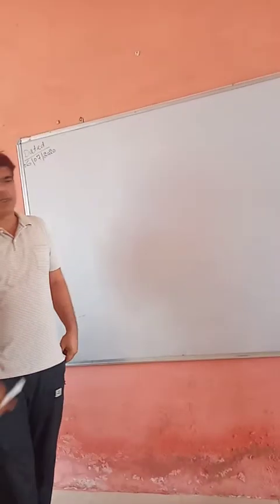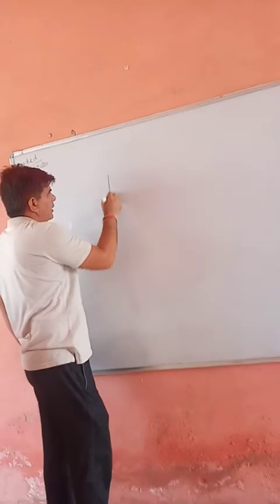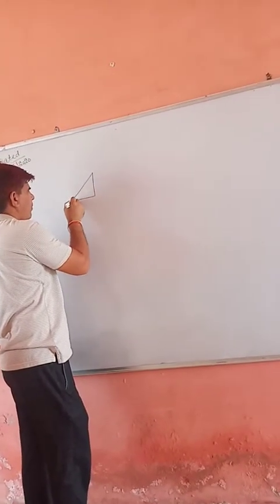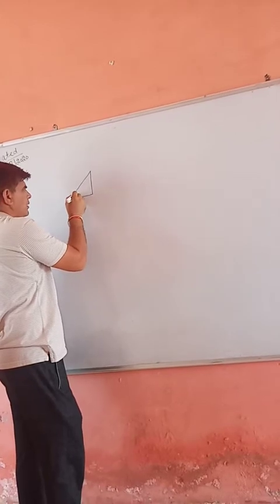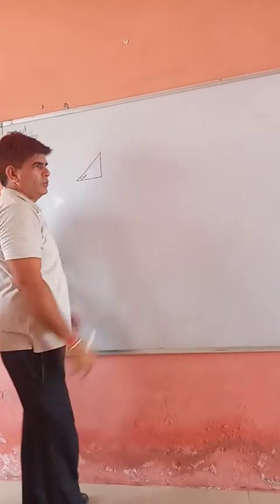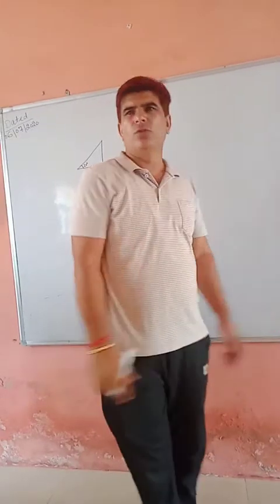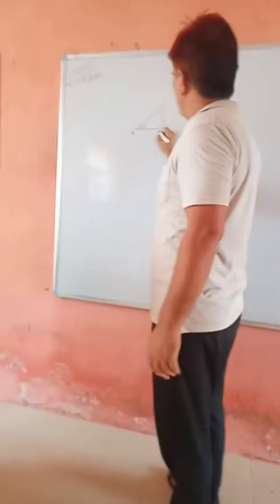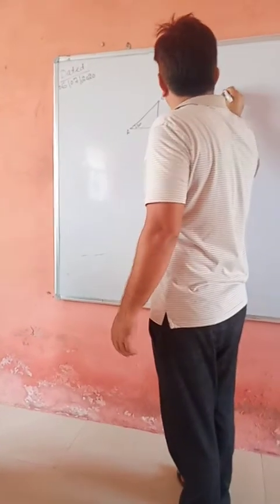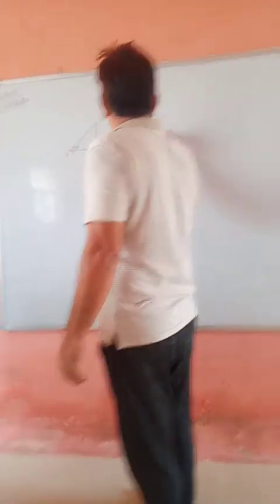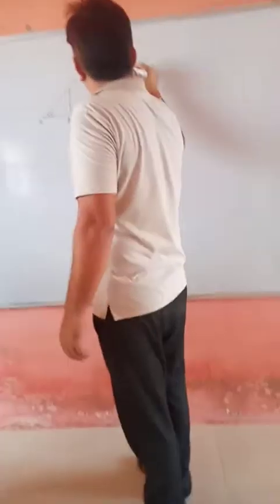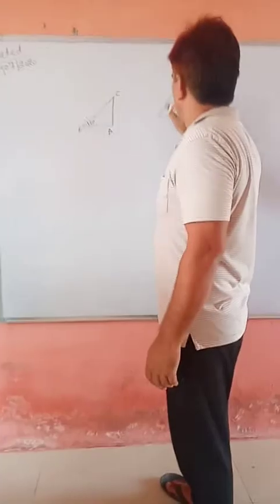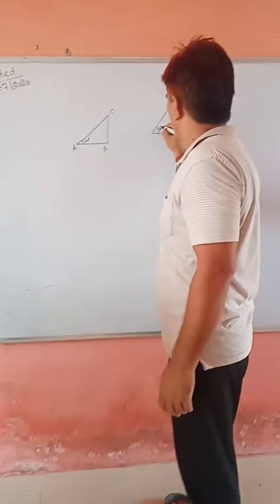So what happened, beta? Same triangle you can take. Angle is this. Here you can say 20 degree. If we increase its side, this is A, B, C. So this side increases. This angle is 40 degree.